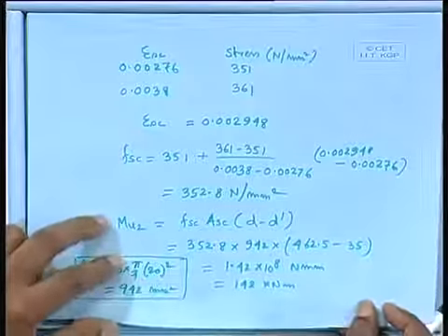So, we have got 142 kilonewton meter. Mu1 how much?